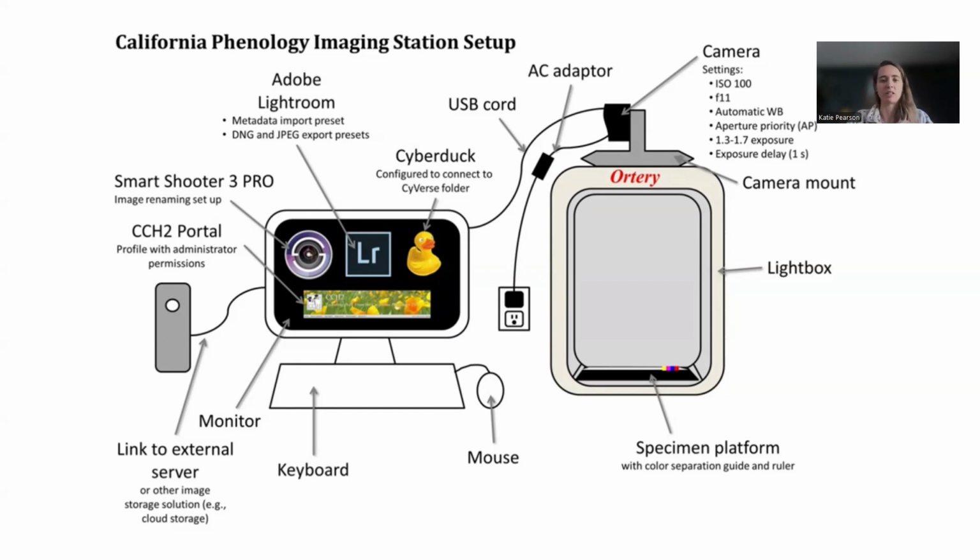We didn't do that at the very same time. But then we used a tethering software called Smart Shooter. And then we did our image modifications in Lightroom. And then we uploaded our images to CyVerse, which used to host images, does not currently.